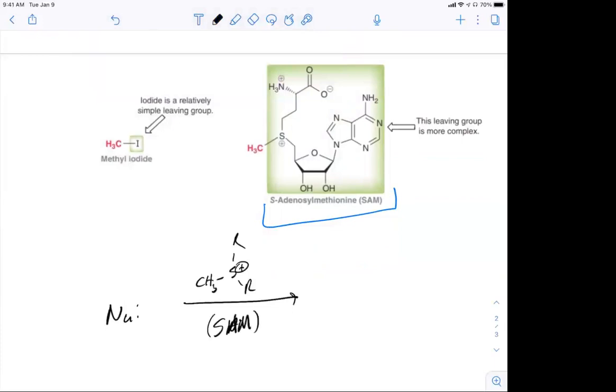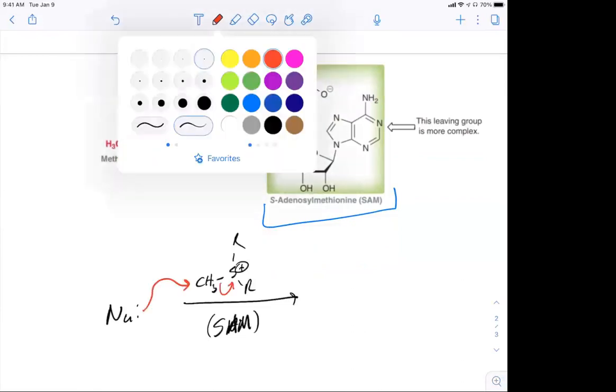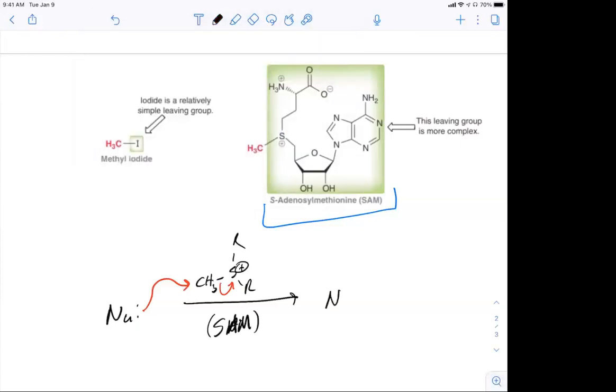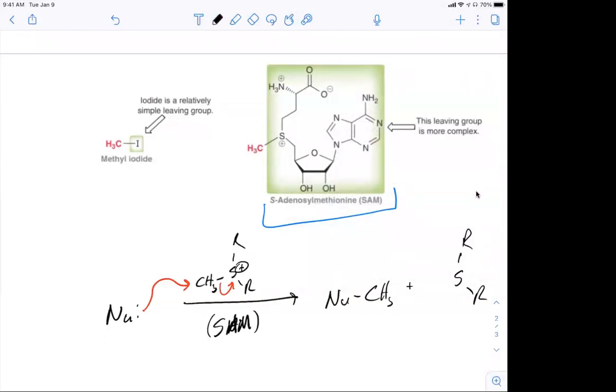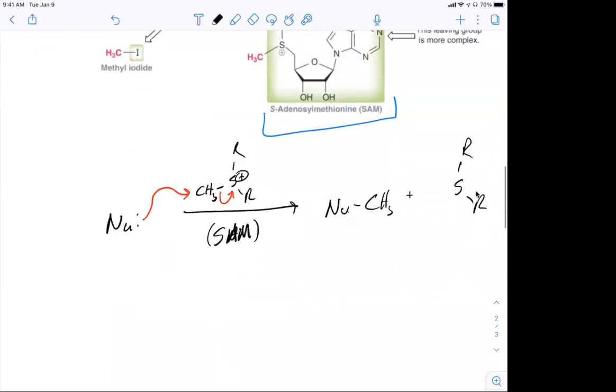In an SN2 style mechanism, a nucleophile attacks that methyl, and then we get the demethylated SAM molecule. Any questions about this one?